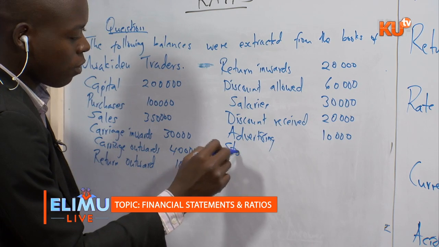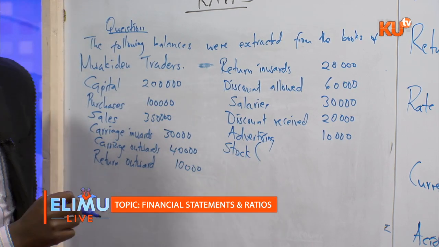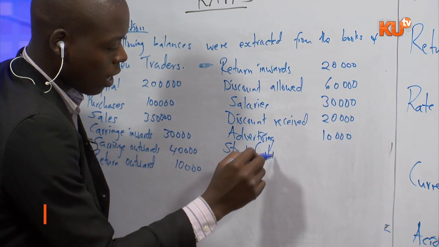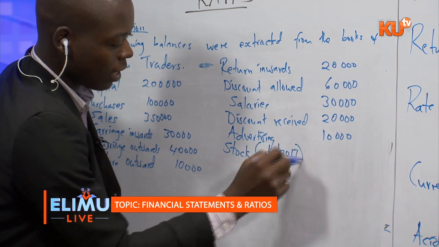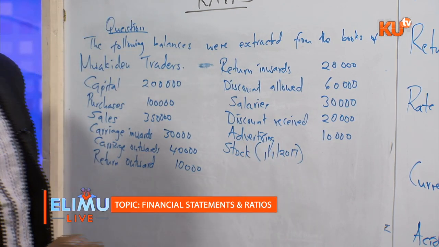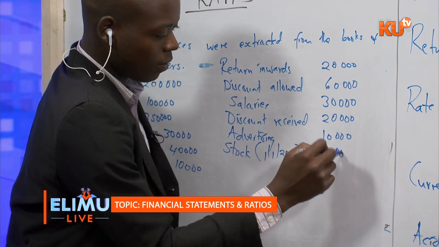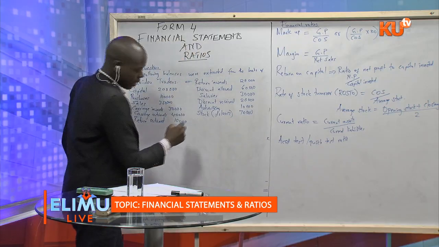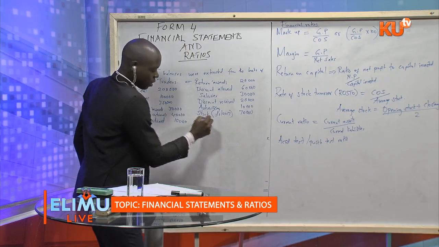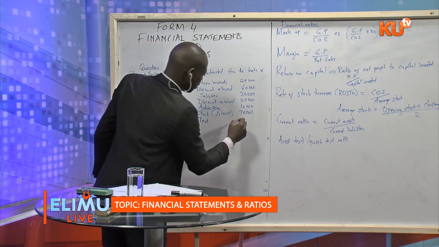We are given stock, and in brackets it is written 1/1/2017, that is on 1st January 2017. That is 70,000. And then we have rent, given as 15,000.